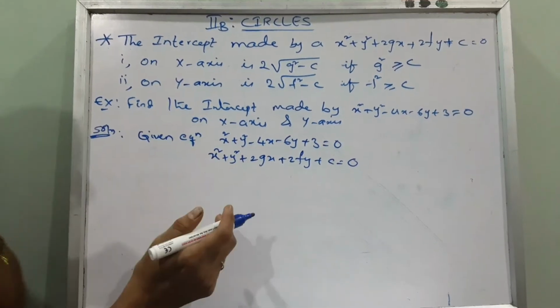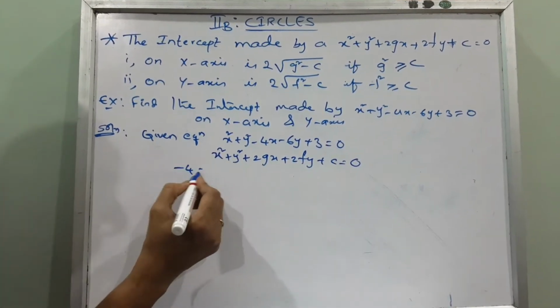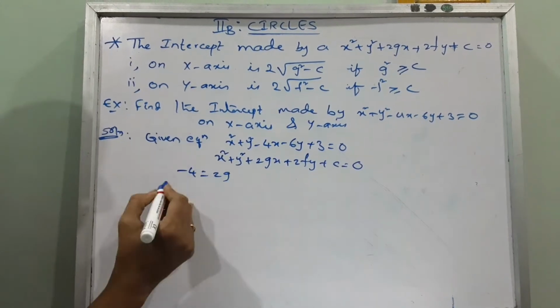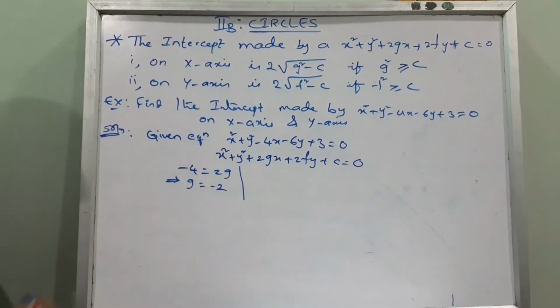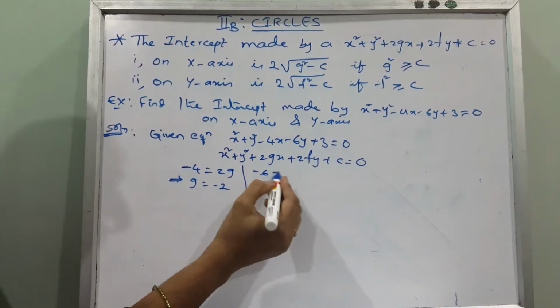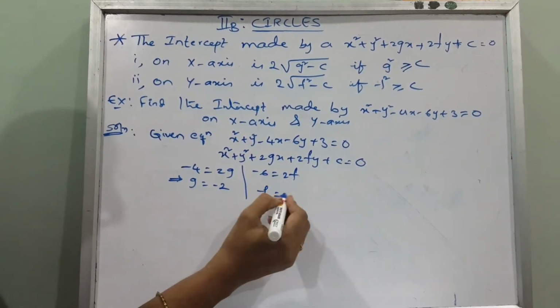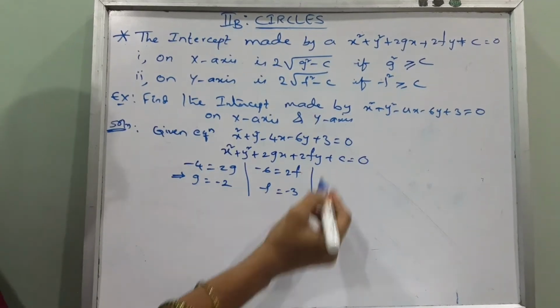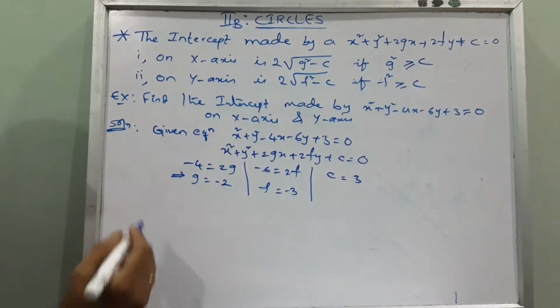Comparing the x coefficient, minus 4 is equal to 2g, so g is equal to minus 2. Next, minus 6 is equal to 2f, so f is equal to minus 3. And 3 is equal to c.